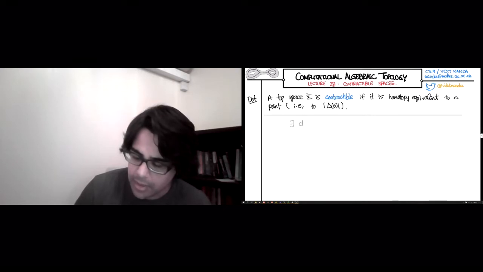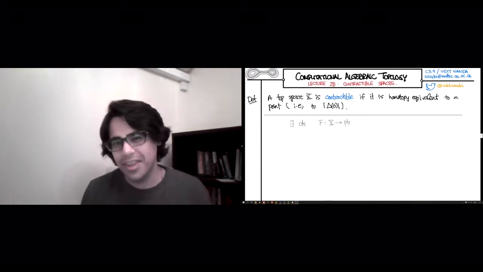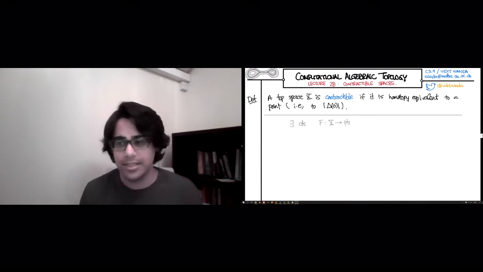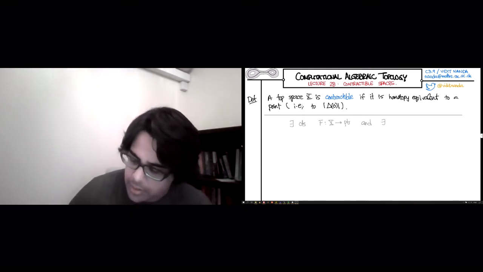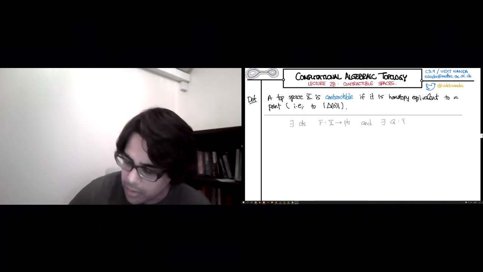There exists a continuous map F from X to a point. Do we have to think very hard about what that map has to be? No, there's a unique map that does this. It sends every point in X to the one point. That's it. And there exists a continuous G from this point back to X. Now this one, there are tons of choices.